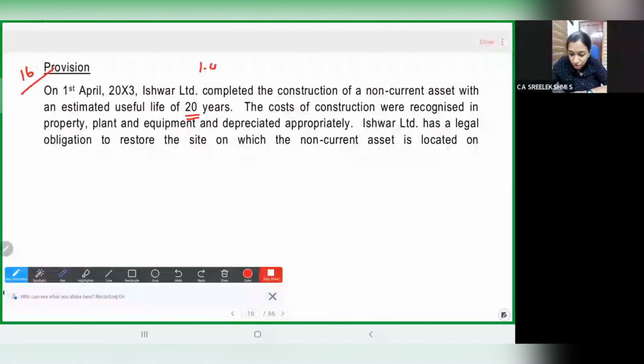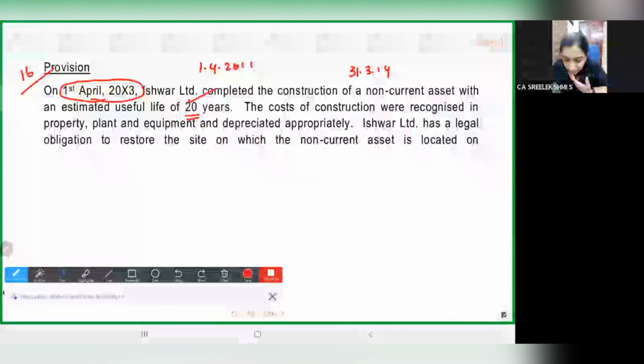My date of acquisition is 1st April 2011 and consolidation date is 31st March 2014. The cost of construction were recognized in PP and depreciated appropriately. Then what? It is correctly accounted.